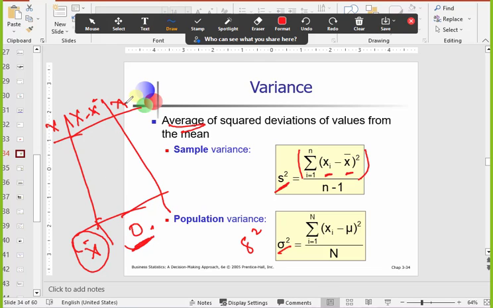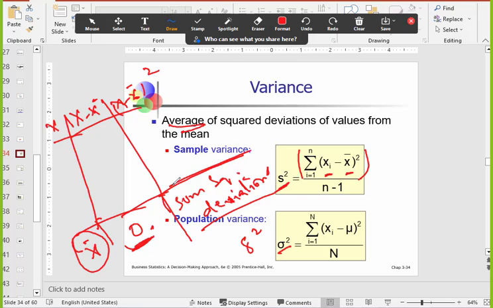Then you square it, x minus x bar whole square, and if you sum it, we call it the sum of squared deviations. It will not be 0 because all the negative and positive values are converted into positive while calculating the square.